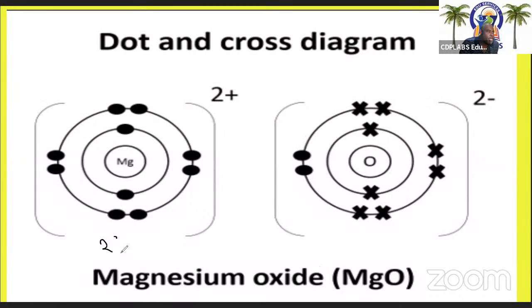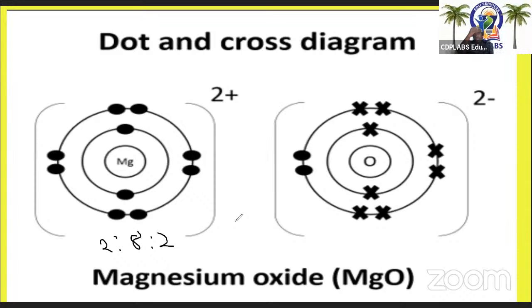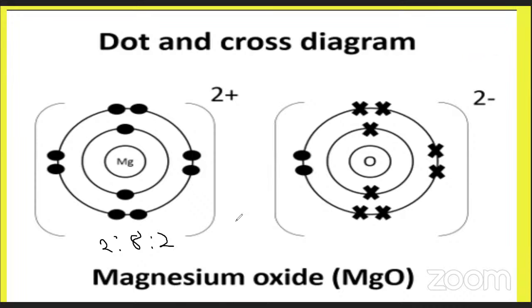You heard that, Kadir? Tell them where you get 2, 8, 2, Brittany. Sir, it is the ratio of the electrons on the shell.